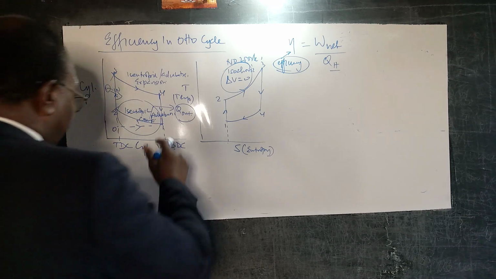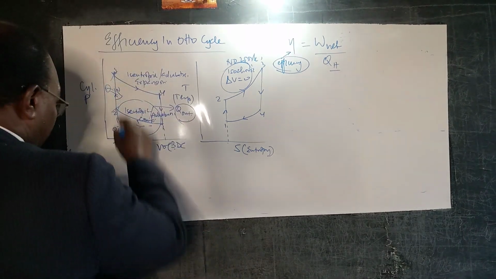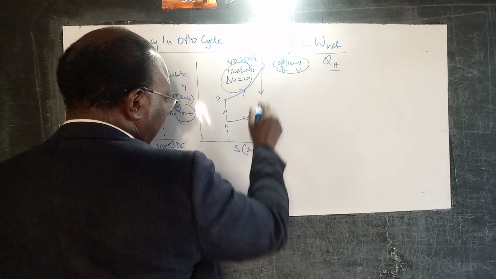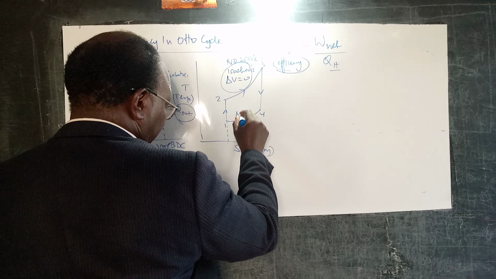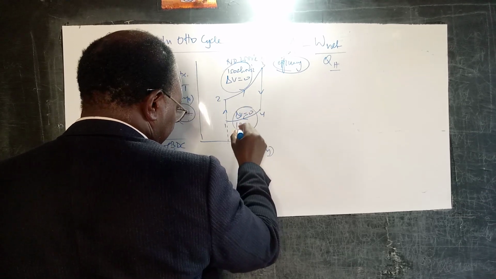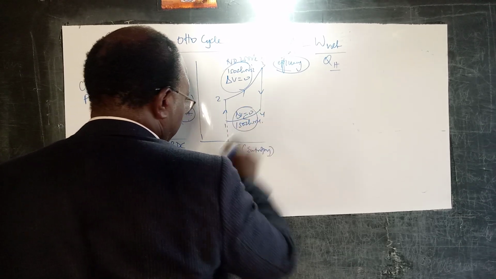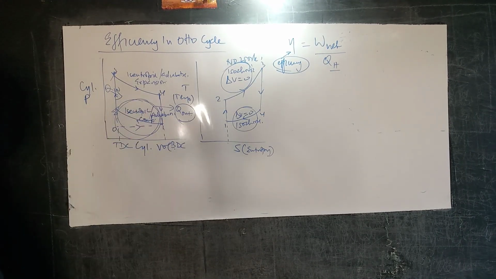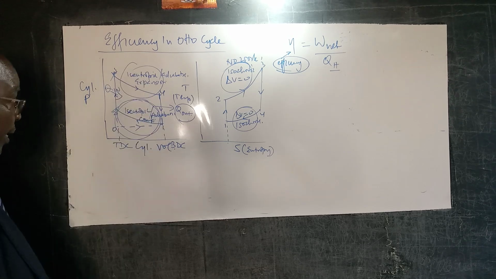In the same note, we have step 4 to 1. Again, 4 to 1, that's isochoric. Delta V is equal to 0. So we have work done during isentropic compression and isentropic expansion.